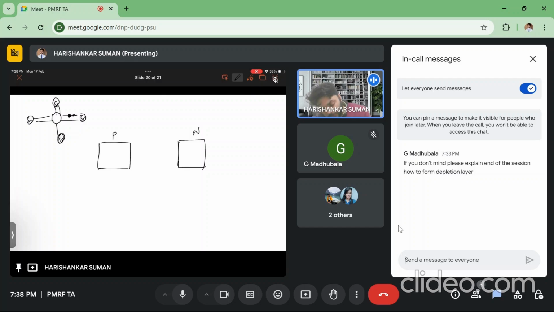Let's say this is p-type, a plus 3 valency atom: one electron from silicon, one electron from the other, same bond. So you know how to make p-type or n-type.